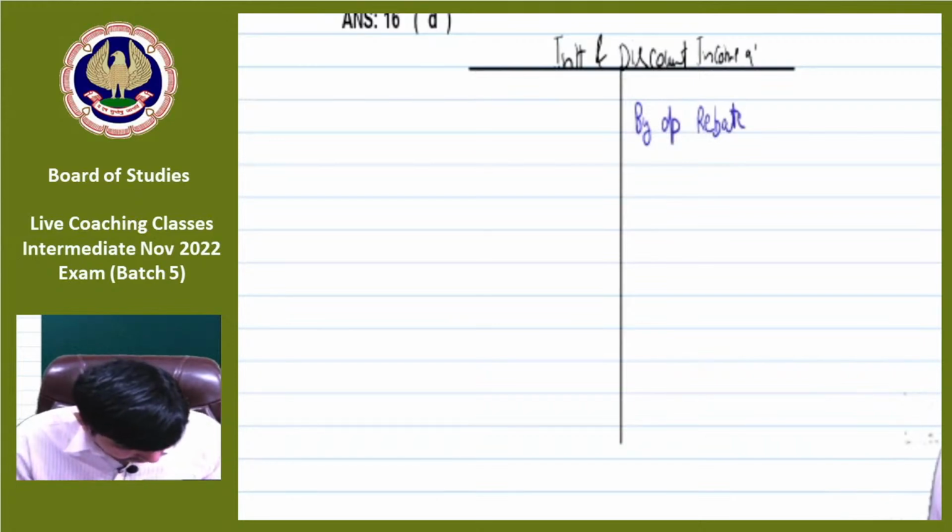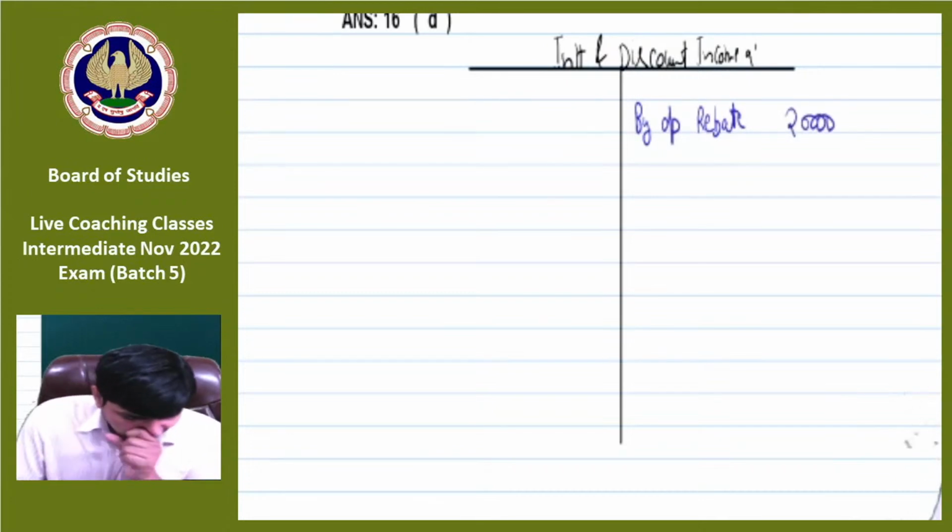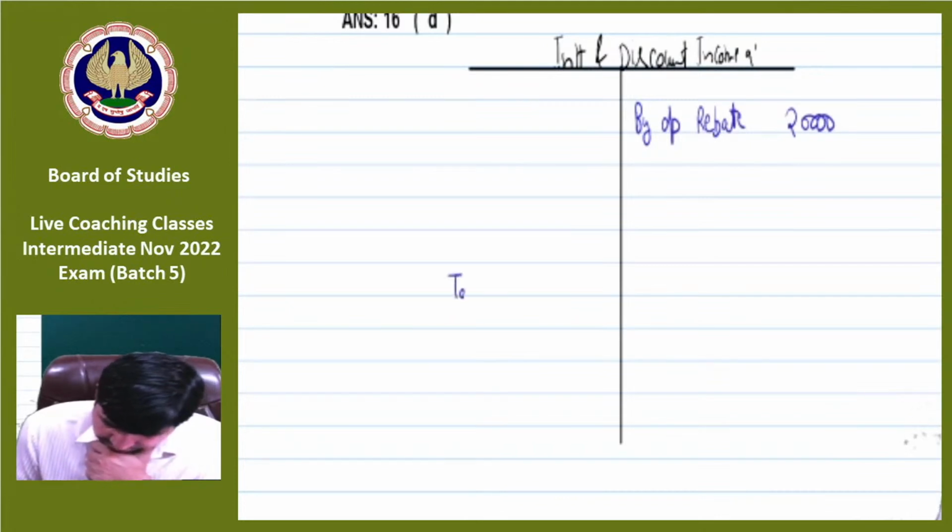How much is the amount? That is 20,000. Closing rebate. It is 14,000.